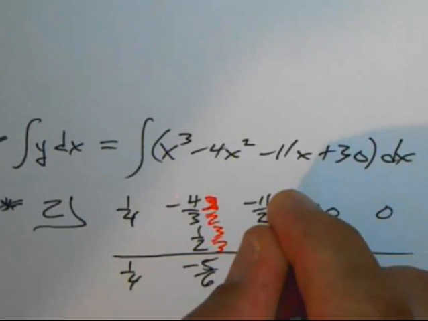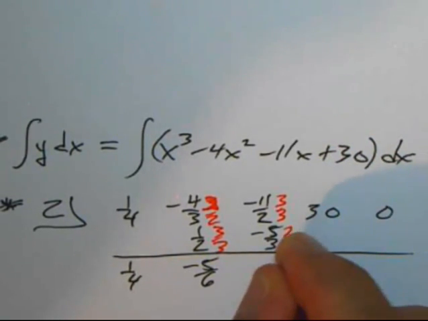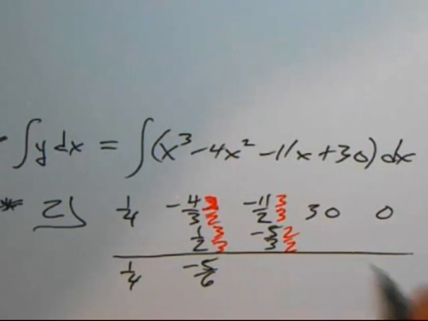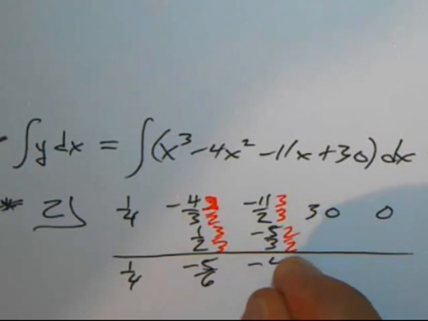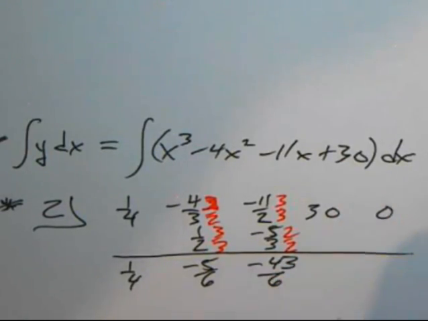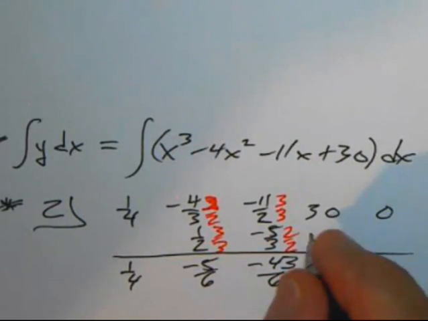So this gives a 3 over 3 buildup, a 2 over 2 buildup here, minus 33, minus 10, minus 43, times 2, minus 43/3.